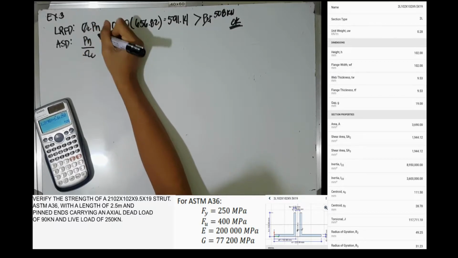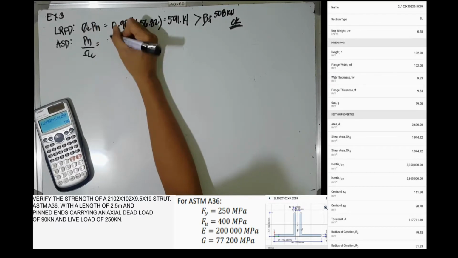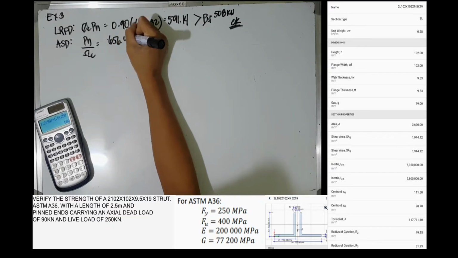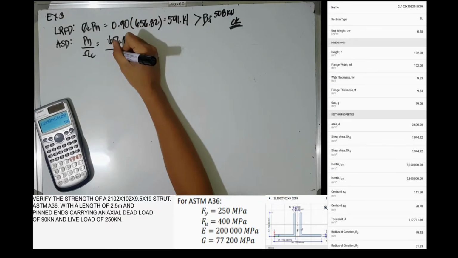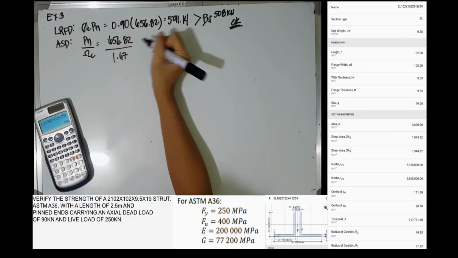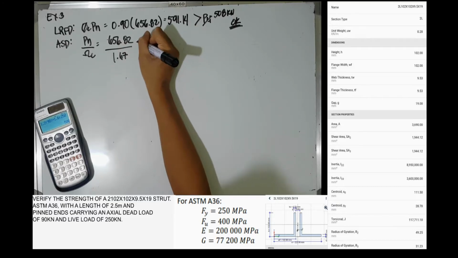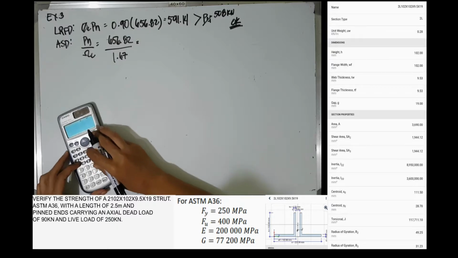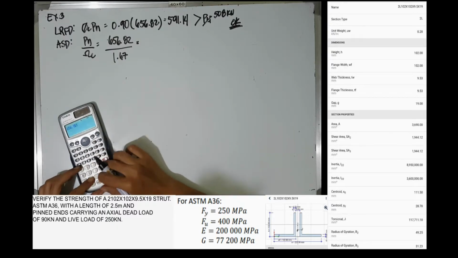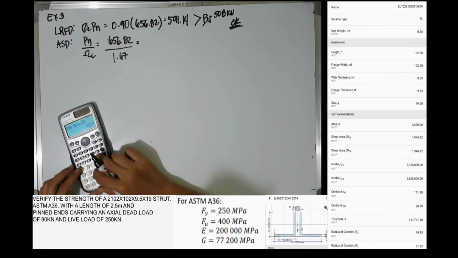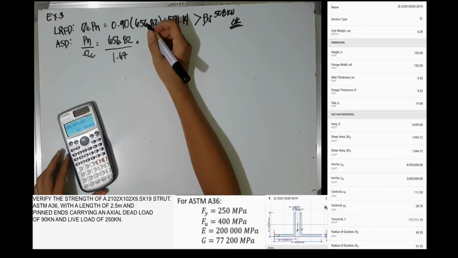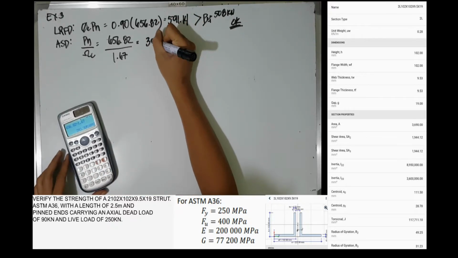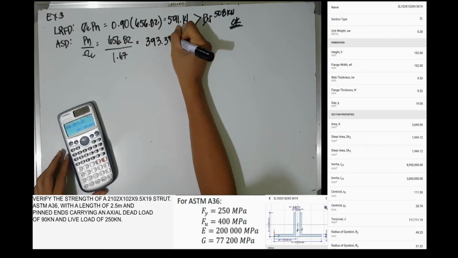So under ASD, dividing the nominal strength by the safety factor under compression, which is 1.67, it is equal to 393.31 kilonewton.